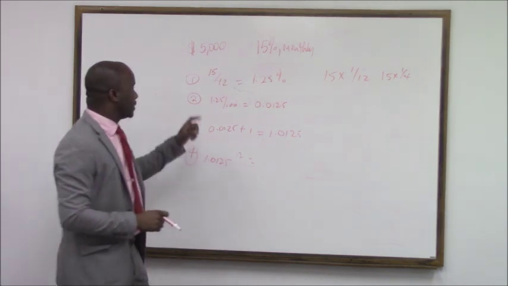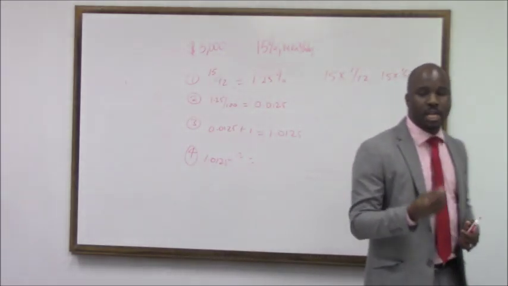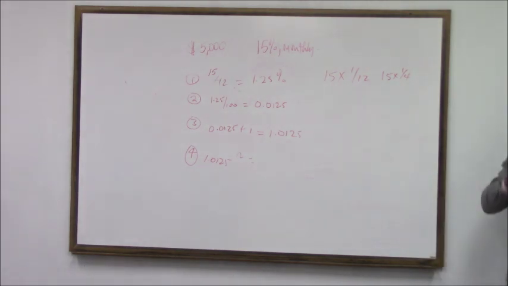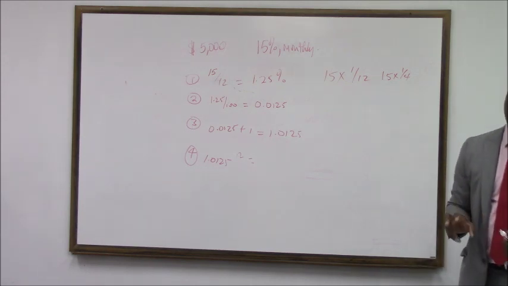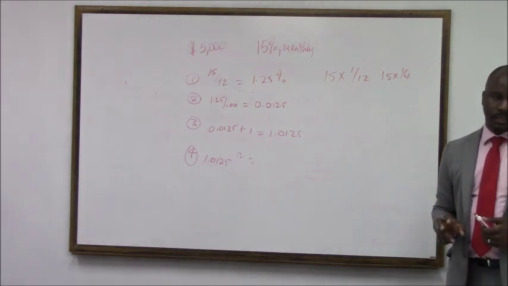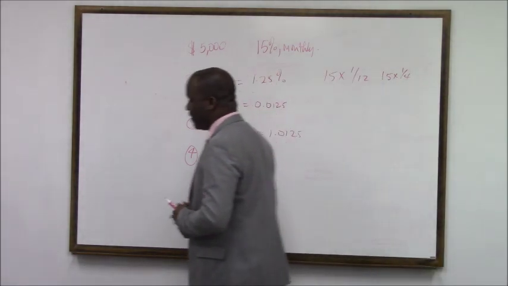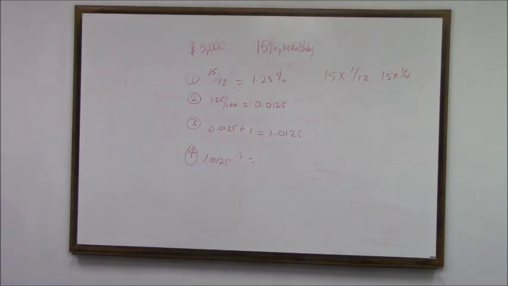Yeah. Okay. Second step is you take your 1.25% and you have to make that into a decimal. So you take your 1.25 and you divide it by 100 to get 0.0125. We good? Yeah. Okay. So you take your 0.0125 and then you add 1 because you have to multiply against that. If you multiply against a decimal, what's going to happen to your number?